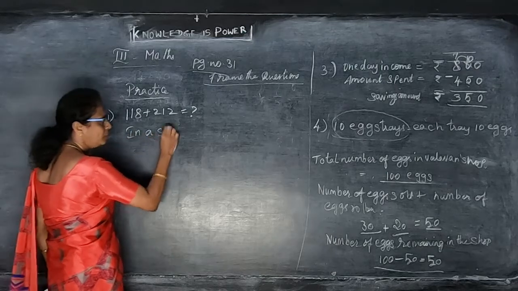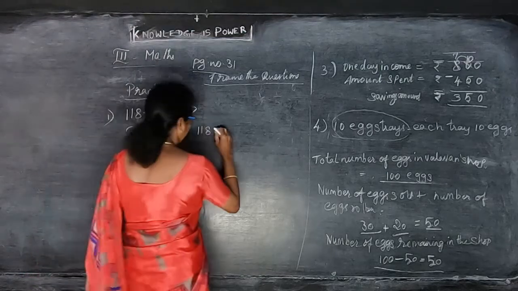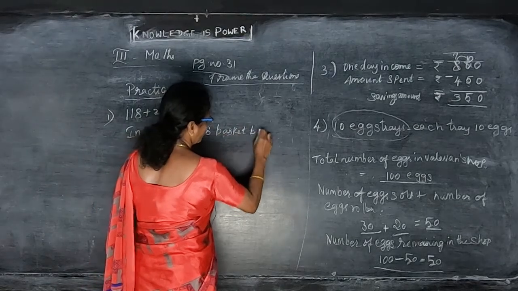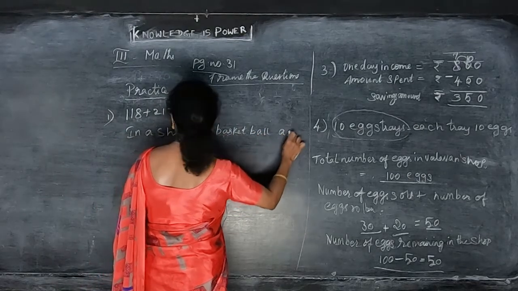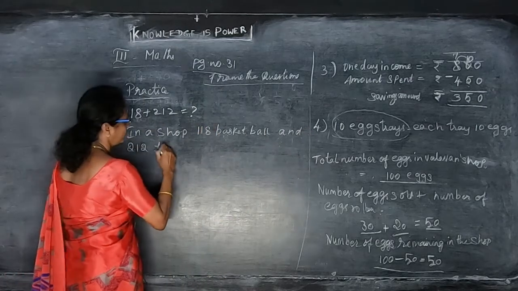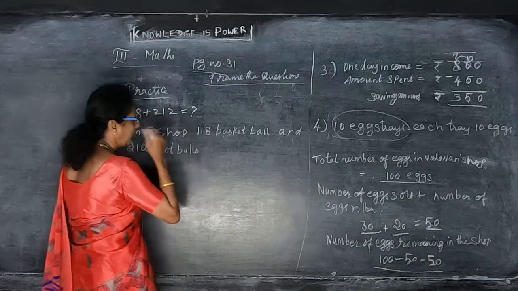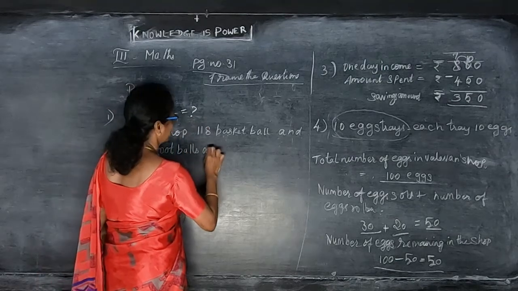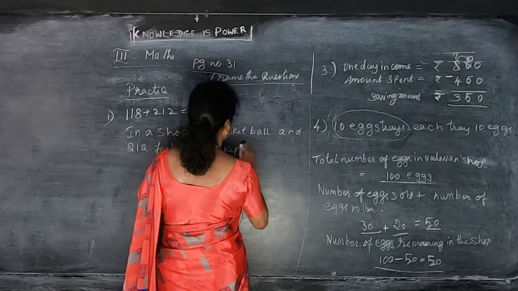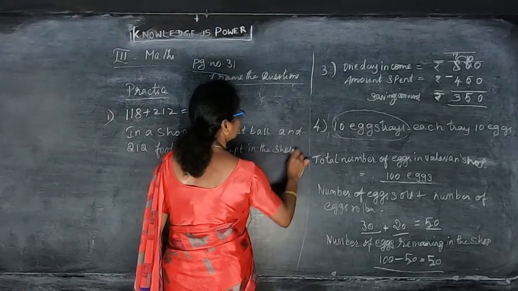In a shop, 118 basketballs and 212 footballs are there, kept in the shelf like this.